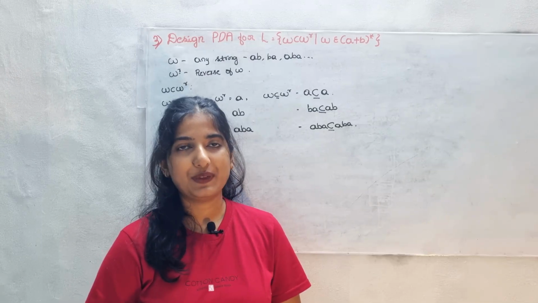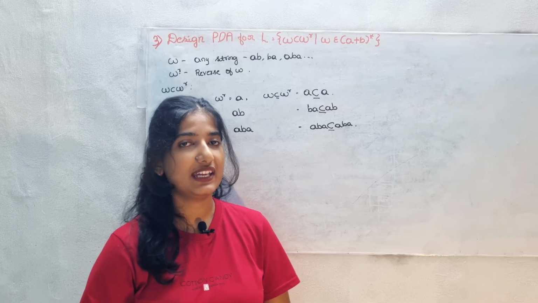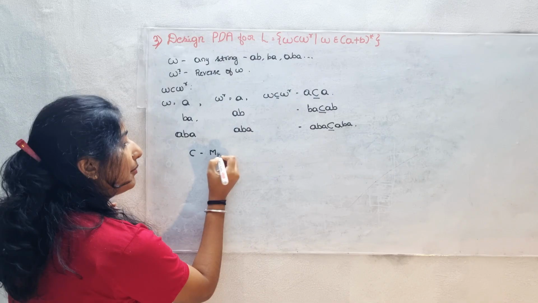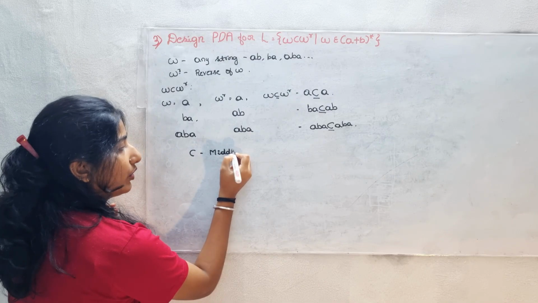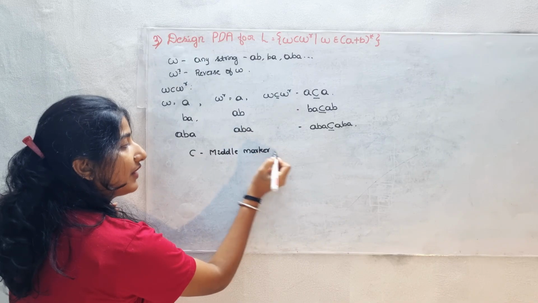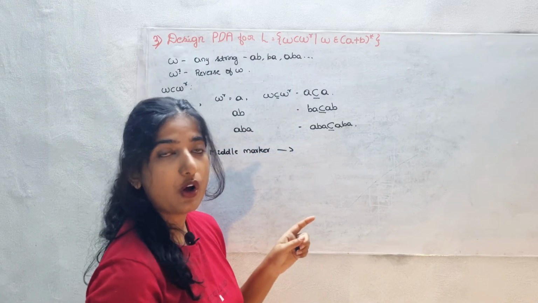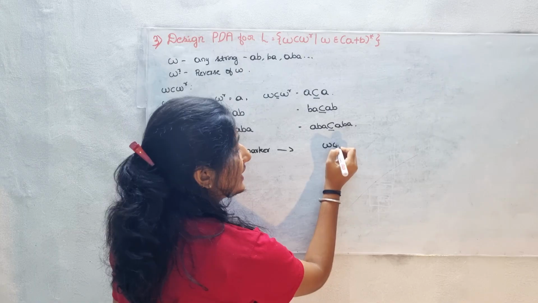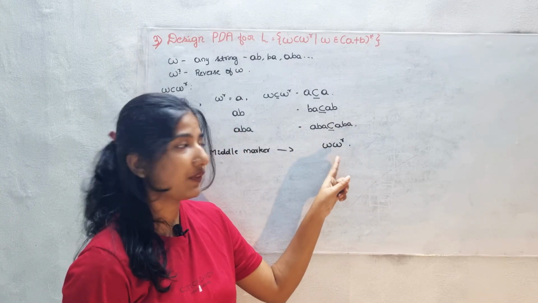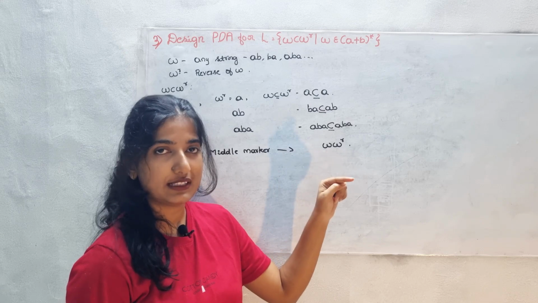So this example is much simpler. Why? Because we have this c, which is a middle marker. In the previous example we saw a problem on wwᴿ, which is an even palindrome, so there we have the problem of non-determinism.